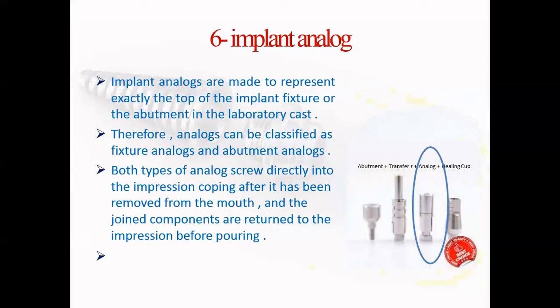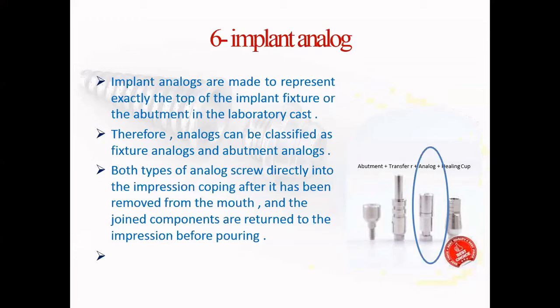And we have implant analogs. Implant analogs are made to represent the top of the implant fixture, the abutment, to the laboratory. So this analog goes inside the cast surface. So it acts as an implant body inside the patient's body. Likewise, in the cast, this implant analog acts as an implant surface.